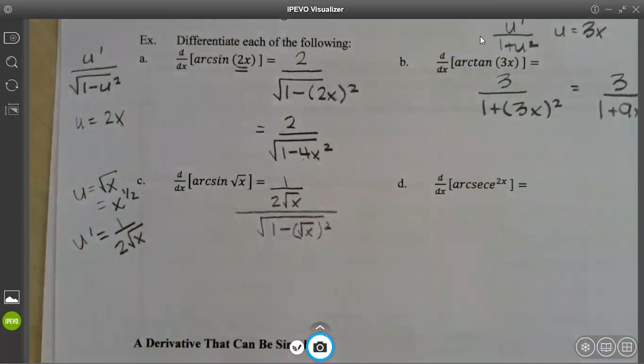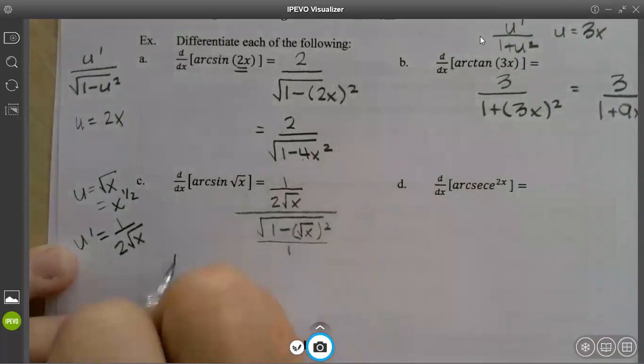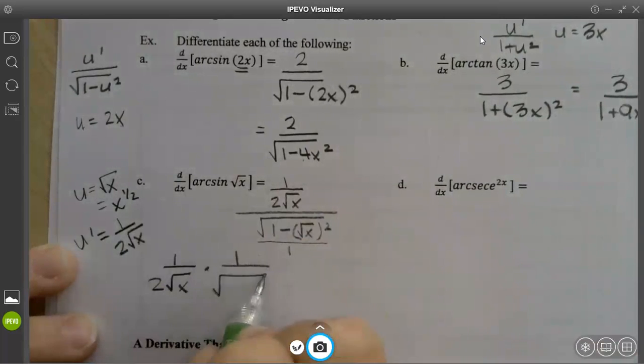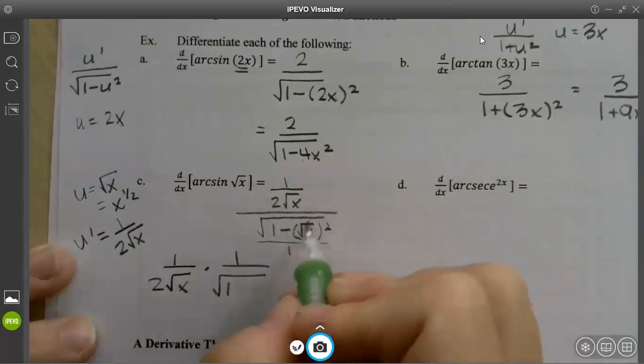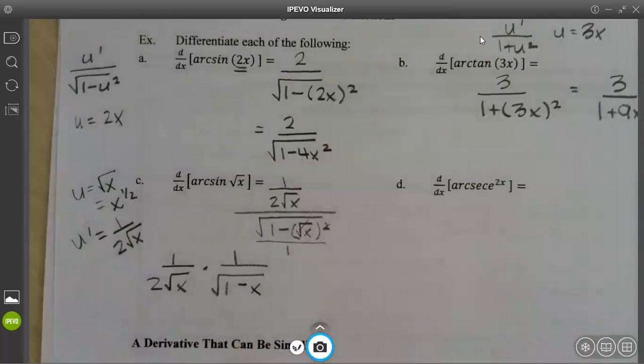We're going to clean up and fix it all at the same time. Remember, we don't divide, we flip and multiply. So we're going to take the top and multiply it by flip over the bottom. But what's the square root of x squared? Just x. Okay. Is everybody okay with that?